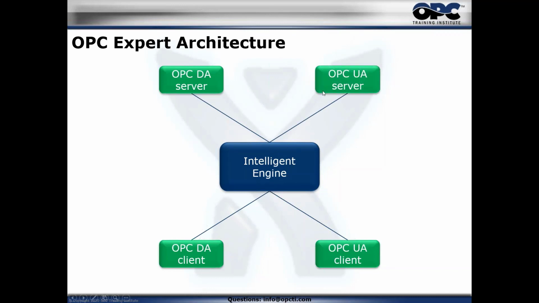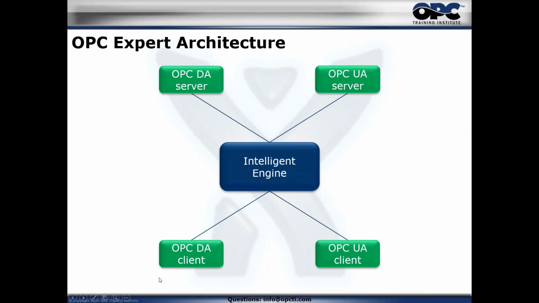That goes then into an OPC DA server and a UA server. So that's really the basis of what's going on here, meaning you can take data in with OPC UA and bring it out with OPC DA, or bring data in with OPC DA and send it out with OPC UA, or go this way, in with UA, out with a DA client, just like this.